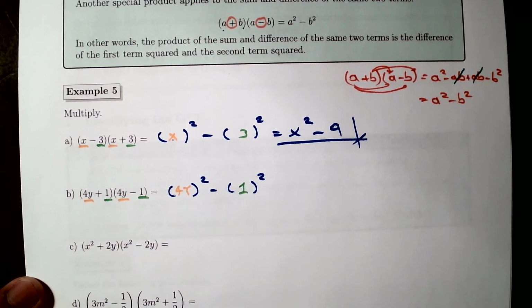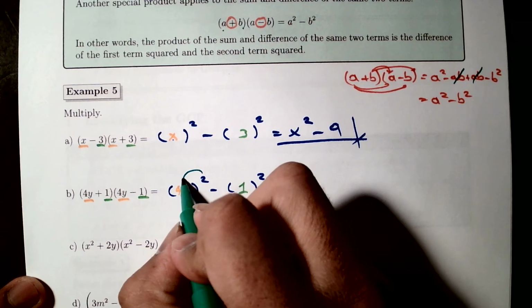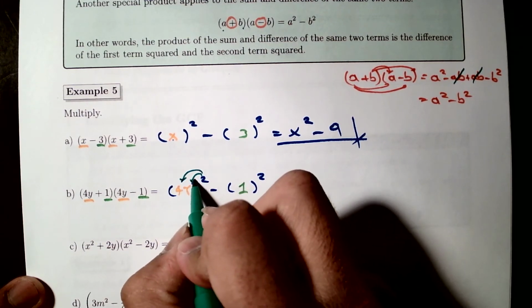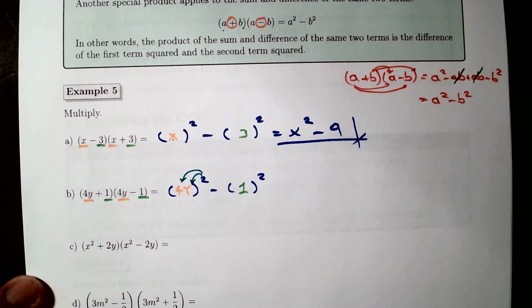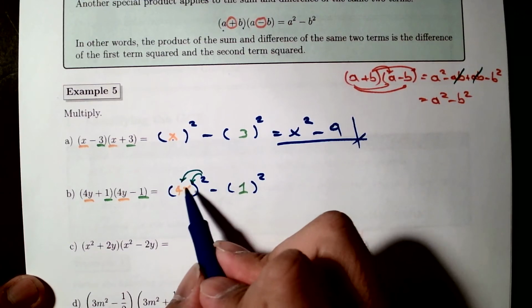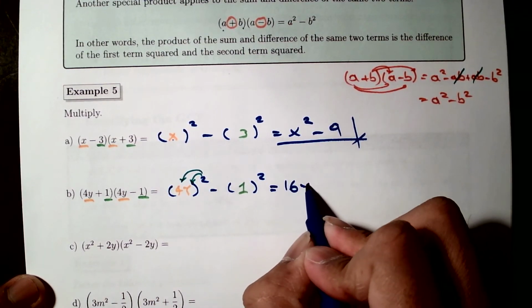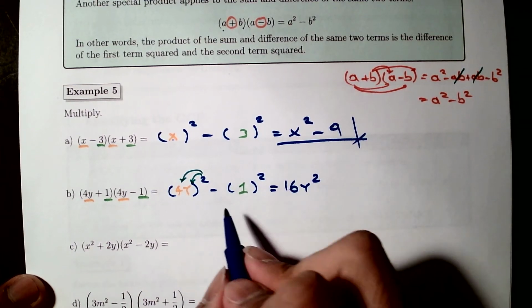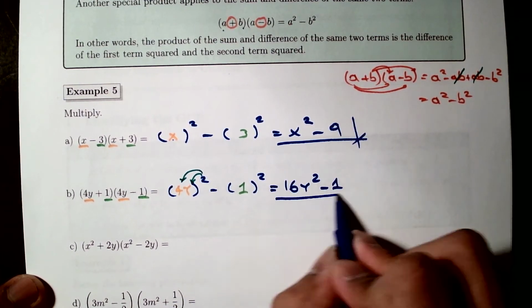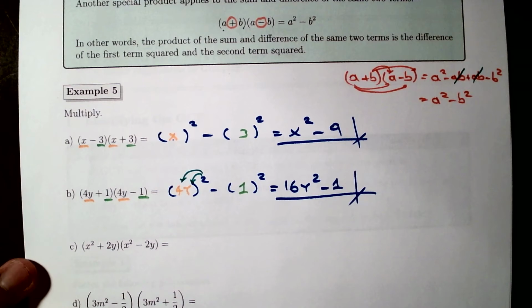Again, keep in mind that this squared affects both the 4 and the y. So that's going to give us 4 squared, which equals 16, y squared, minus 1. Final answer.